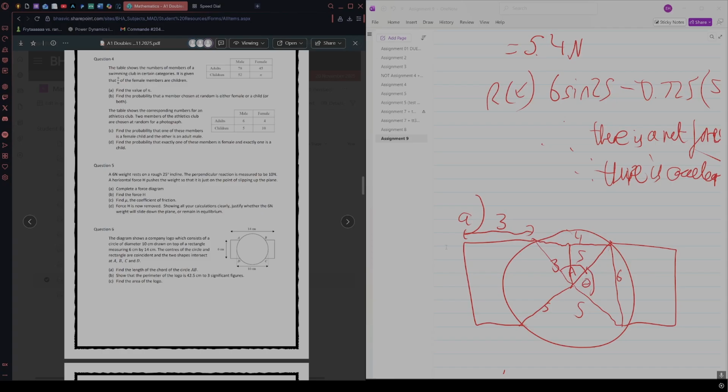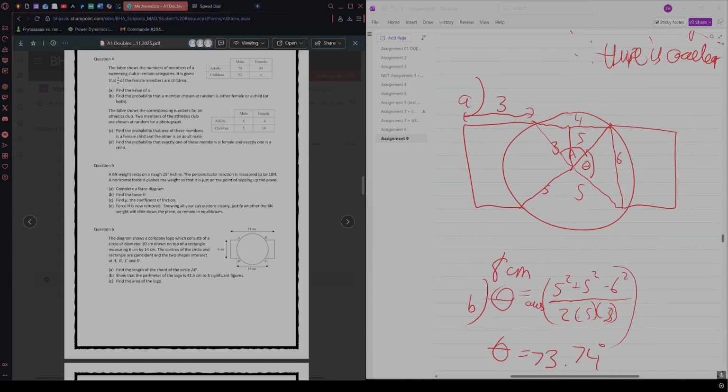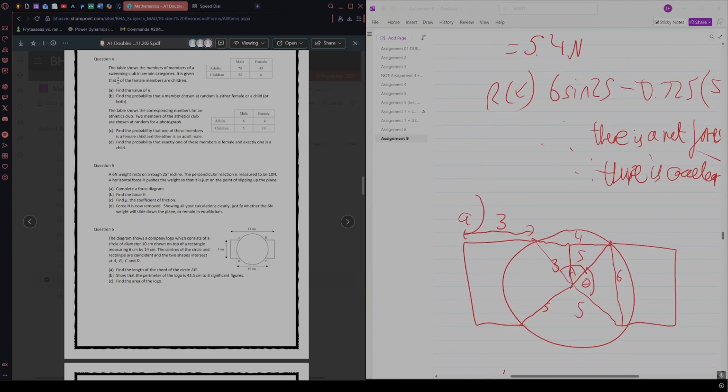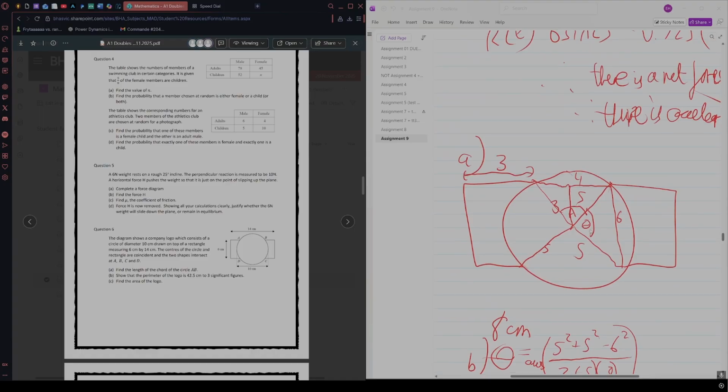The radius to the top is 3, because you know this is 6, so it's just half of that, 3. Then you do Pythagoras, get 4. Oh no, it's 8, because that 4 is half of it, and then you multiply by 2 to get 8. Sorry.